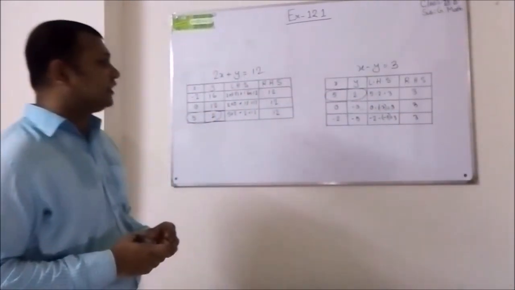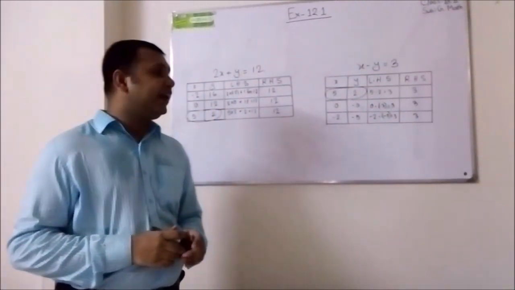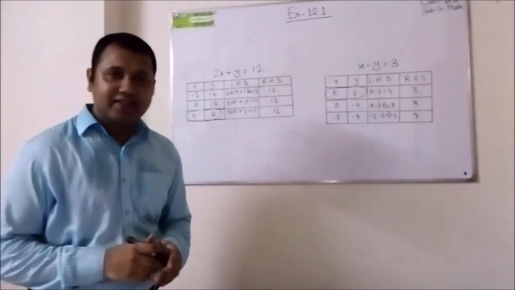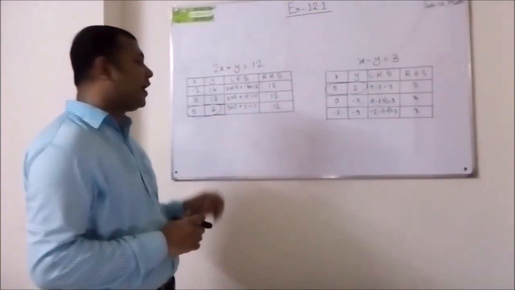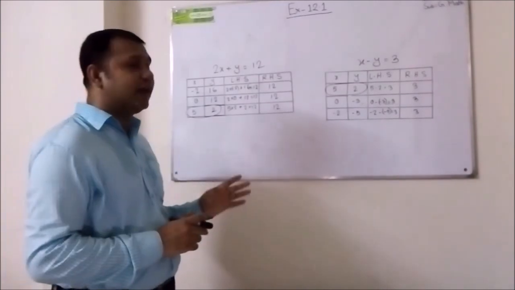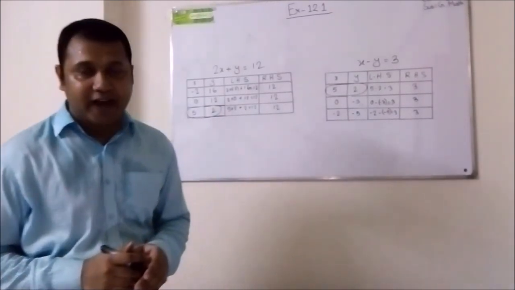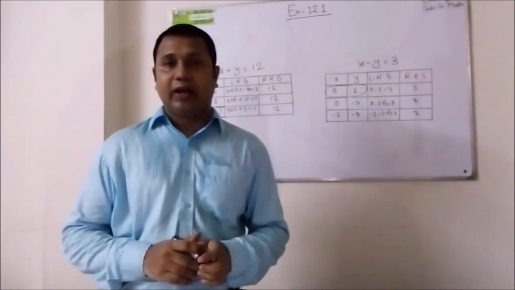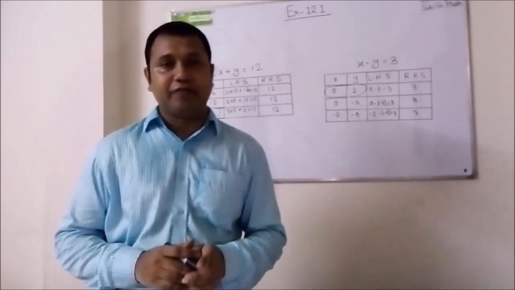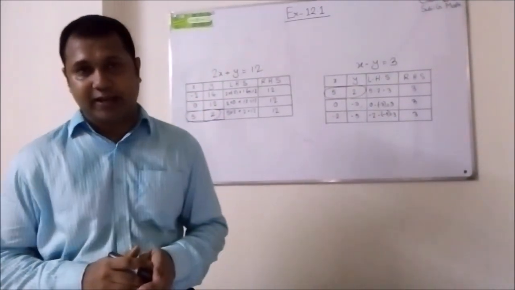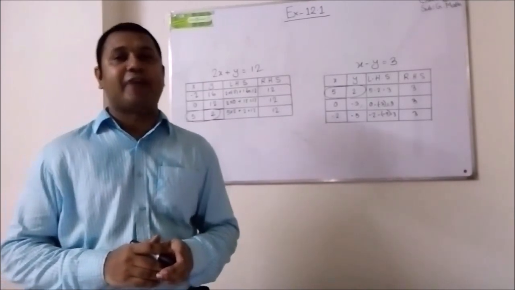So we say that both equations of the system are satisfied by 5, 2, but other values do not satisfy both. So the solution of this system of equations is 5, 2.